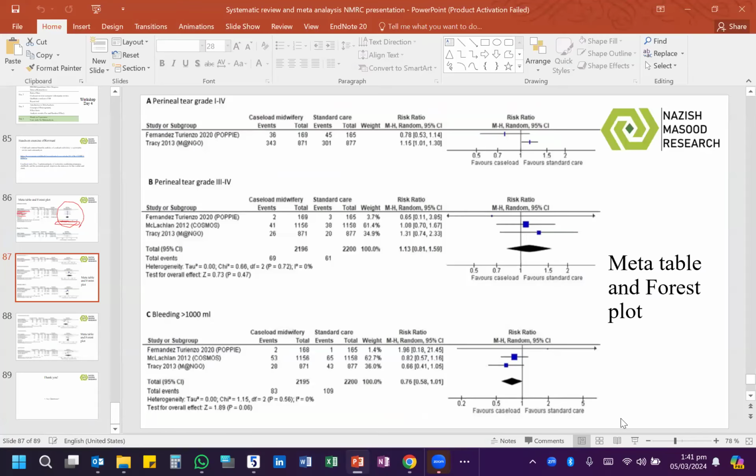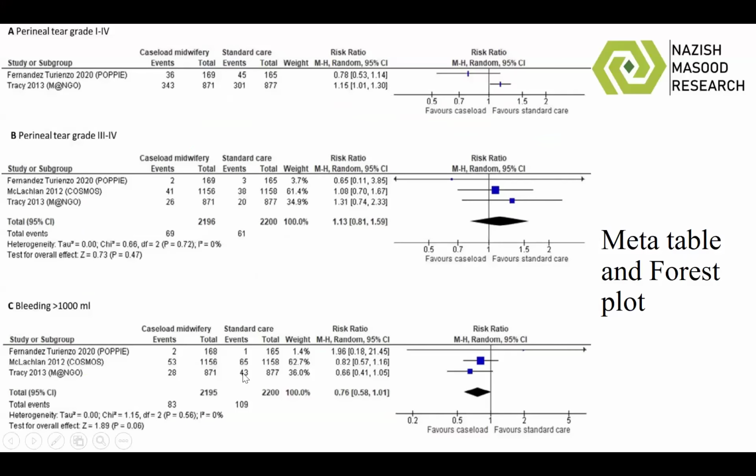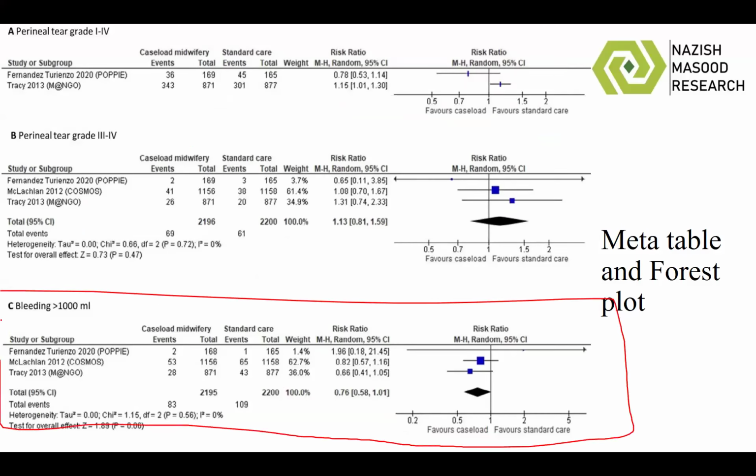You can also find this table in the paper; I've basically taken it from the paper. The first article is Fernandez 2020, and next is McLachlan 2012, and then Tracy 2013.